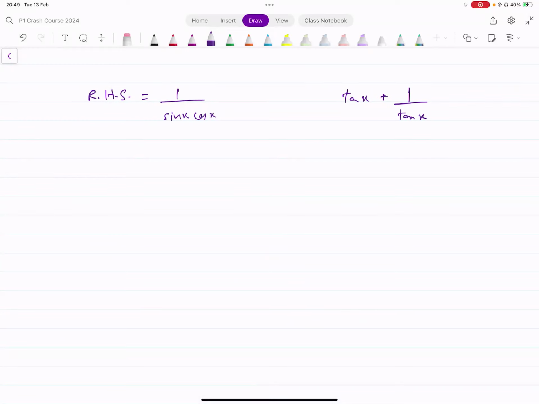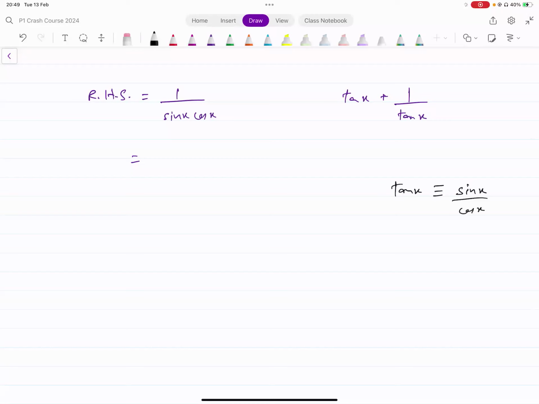Now in order to convert it to tan, you would have to split it basically. Okay, so tan of x is identical to sine x over cos x.